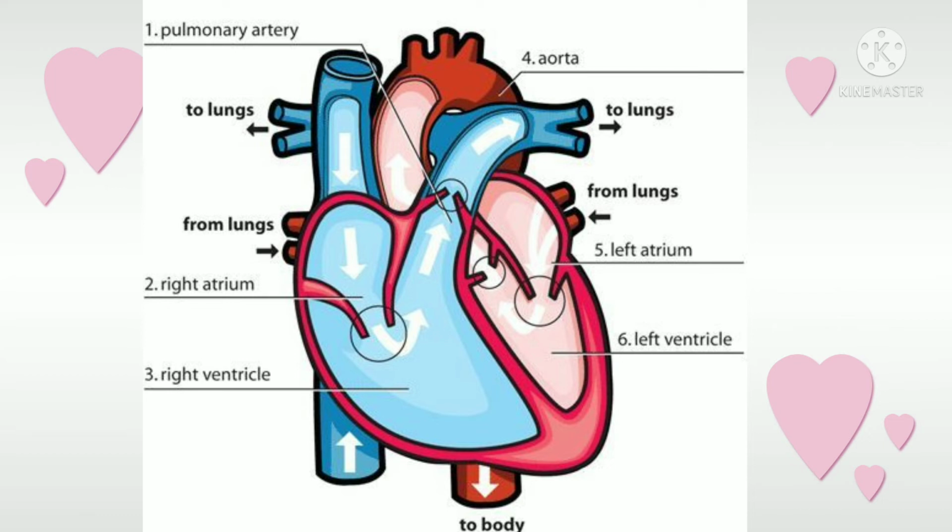The right side of the heart. Blood enters the heart through two large veins, the inferior and the superior vena cava, emptying oxygen-poor blood from the body into the right atrium of the heart.